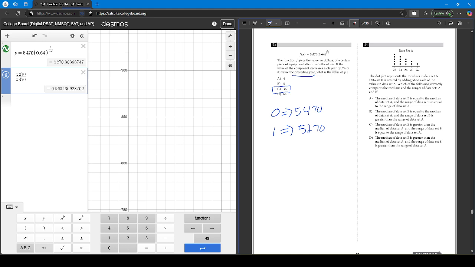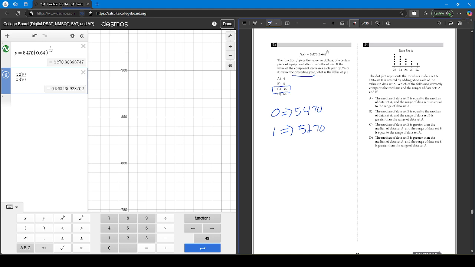So, data set B, the median, or by adding 56 to each of the values in data set A. So just the numbers go up by 56.